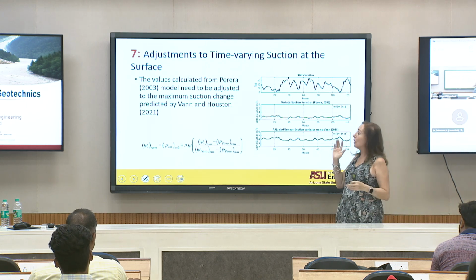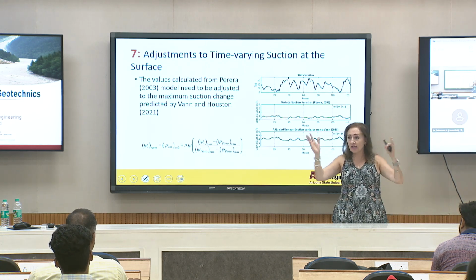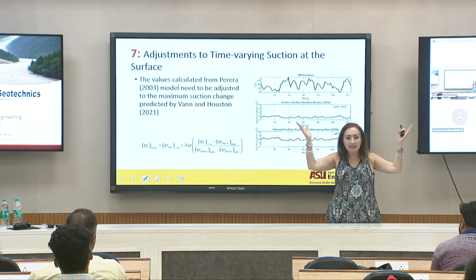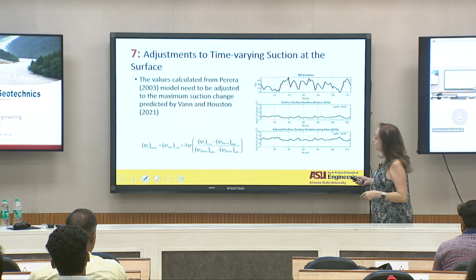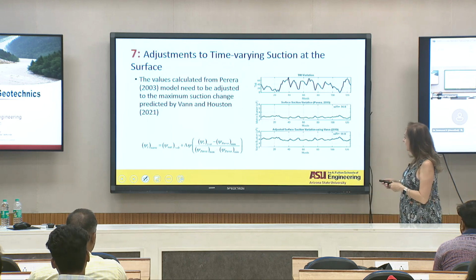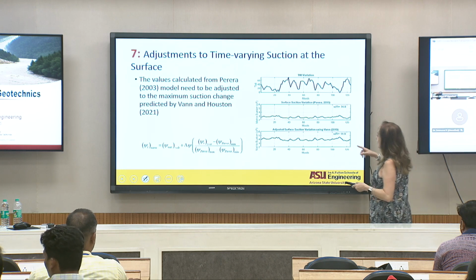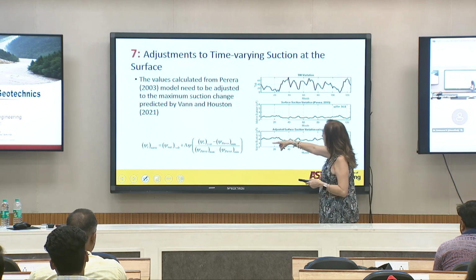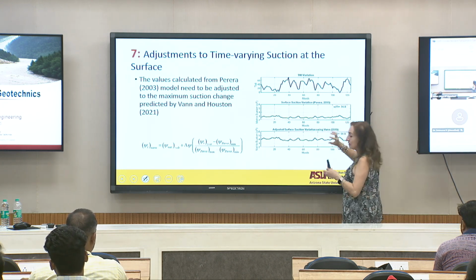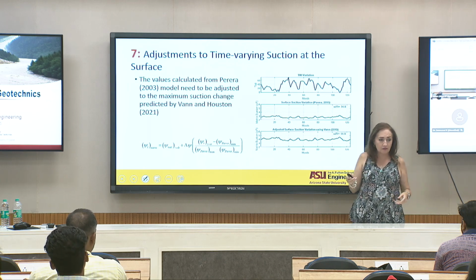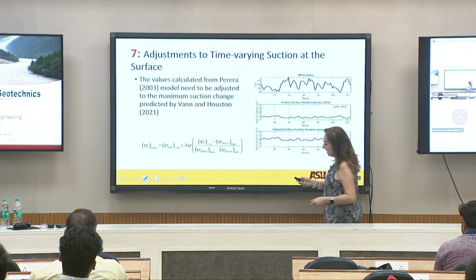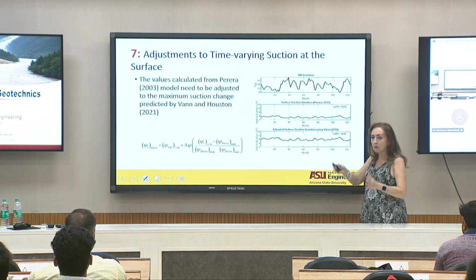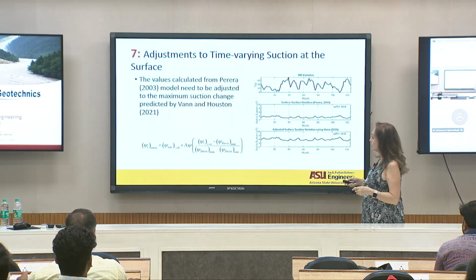So basically we accommodated the changes that we got from the Pereira within the envelope that the latest group of researchers have done, okay? And this adjustment of the suction variation was using the Van. It's almost the same, but with a little bit of tweaking. It's just a small equation to be able to see that we were within the envelope.